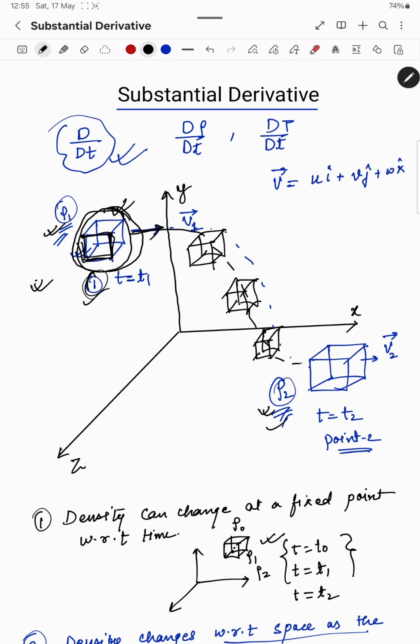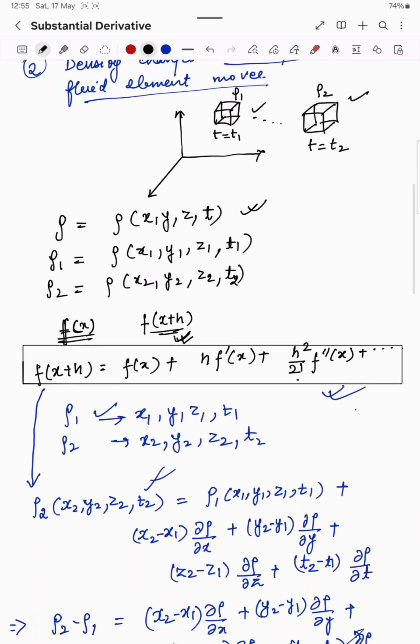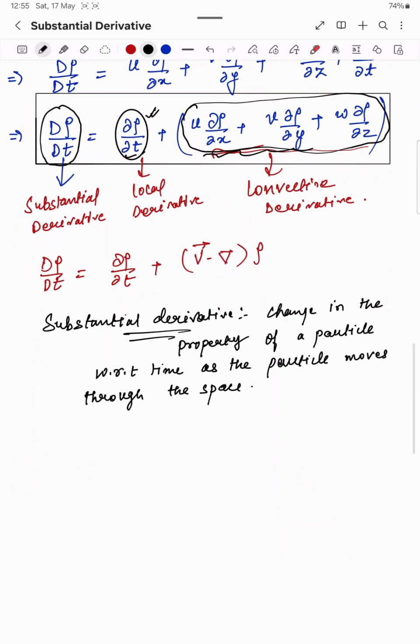So this particle is moving like this, and its density is changing. One change is with respect to time at a fixed location, and the other is as it is moving through the space. Okay, so this is what we have for substantial derivative. So I hope you can understand. Thank you.